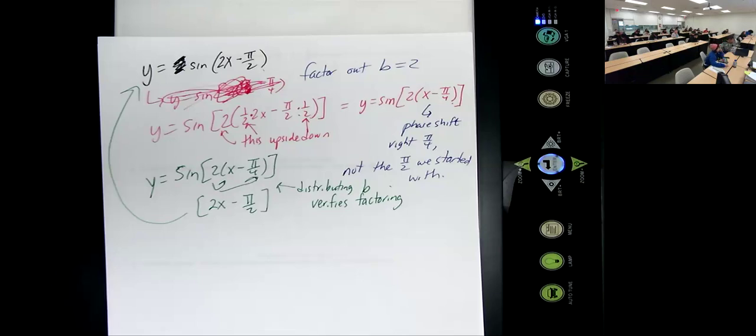Our period now, okay, so this is going to have a phase shift of pi over 4.